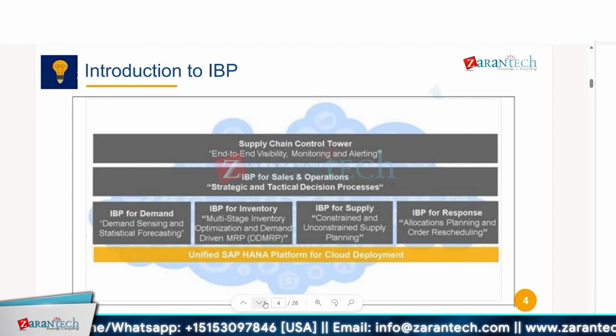At the end of the supply planning, they will identify unconstrained supply and unconstrained demand. Because there is an unconstrained demand, they will also assume that if there is unconstrained supply, if I am able to make this supply, I can meet the demand to the extent of 100%.